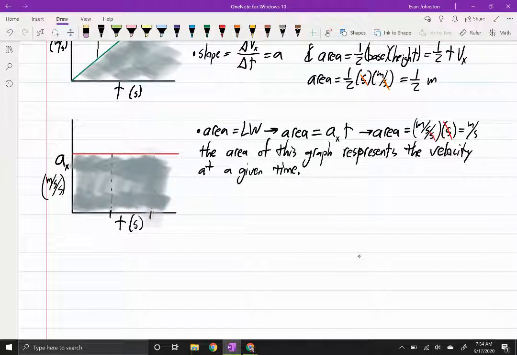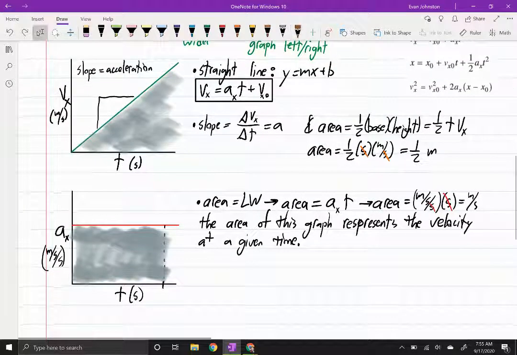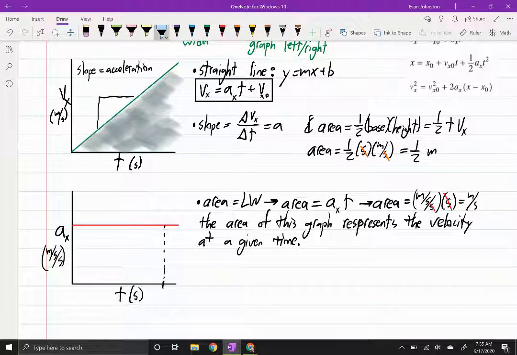But if I waited until a later time, I would have a bigger area, and it's going to constantly increase, because it's this rectangle, it's constantly increasing at the same rate. There's going to be more and more area. And so these tell the same story. I'm thinking of it almost like it's filling with water, which is kind of a weird thing to think about.